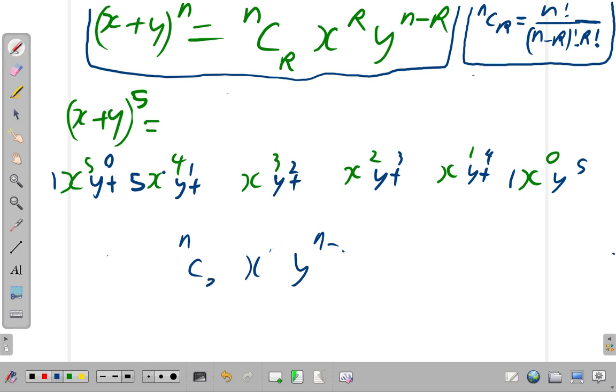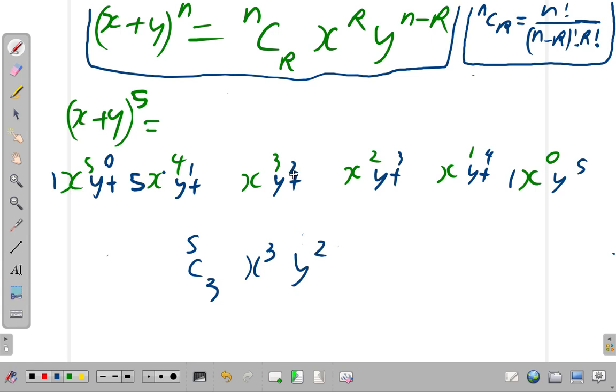So let's put 3 here and 3 here. n is 5. n is always 5 because we have to the power of 5. So this is 5C3. 5 minus 3 is 2, so we can just write 2 for this. So this is 5C3, x^3, y^2.